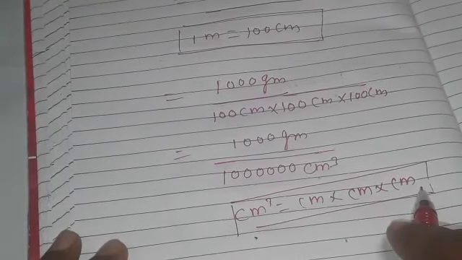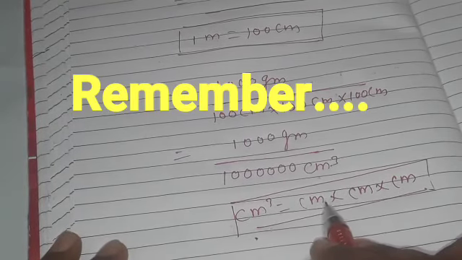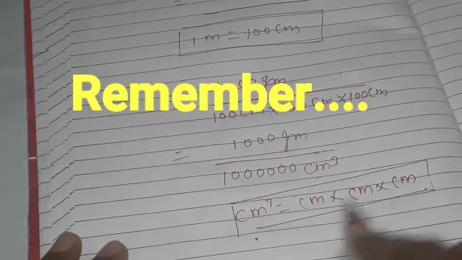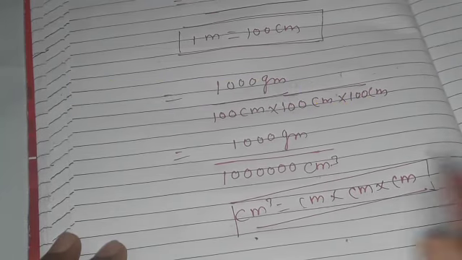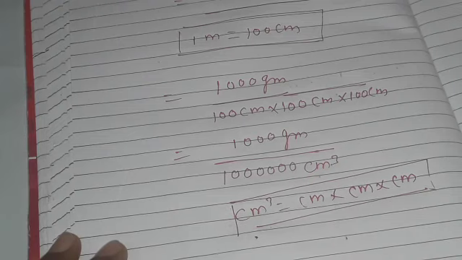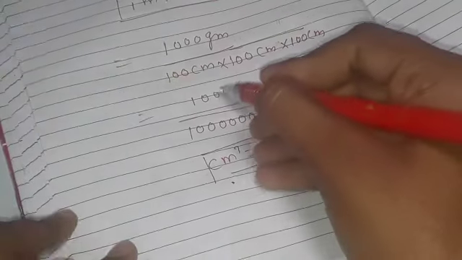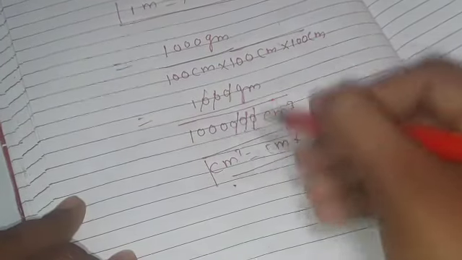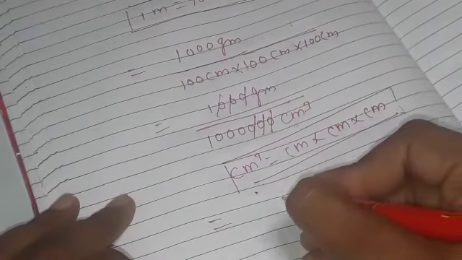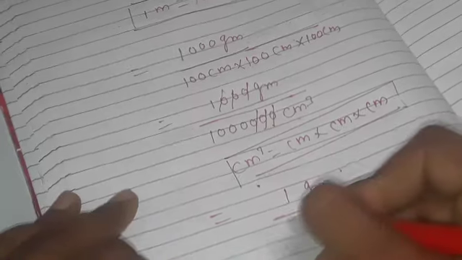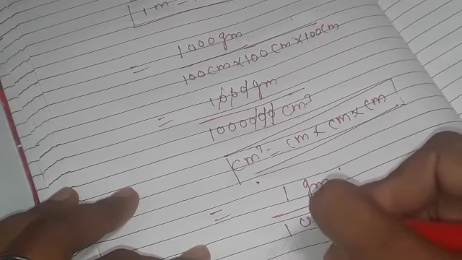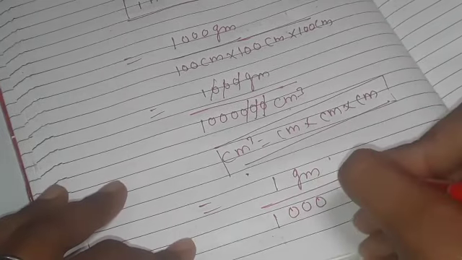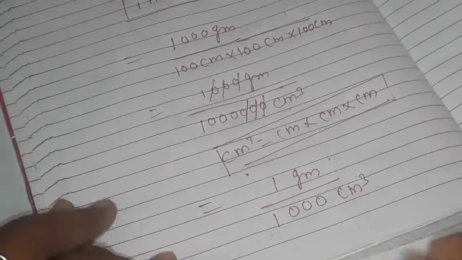This is your centimeter cube. How does it come? When you multiply centimeter with centimeter three times, centimeter cube comes. Now 3 zeros are here, so I cut 3 zeros. So the meaning is 1 gram upon 1000 centimeter cube.